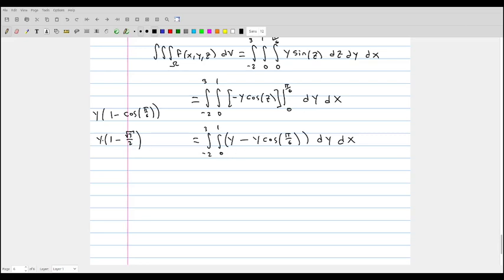So this is just a constant. Using our property 1, we can factor out the constant 1 minus square root of 3 over 2 and just focus then on the double integral from -2 to 3, from 0 to 1 of y dy dx.